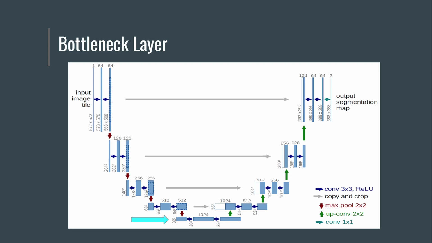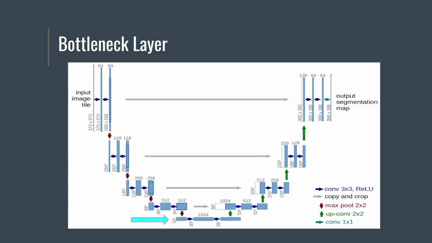But unlike the contracting part, the bottleneck layer has no downsampling. It basically works as a bridge. Now we know why the bottleneck layer is important: it ensures that the later part, the decoder part, is receiving the right information to reconstruct the image, combining global context.